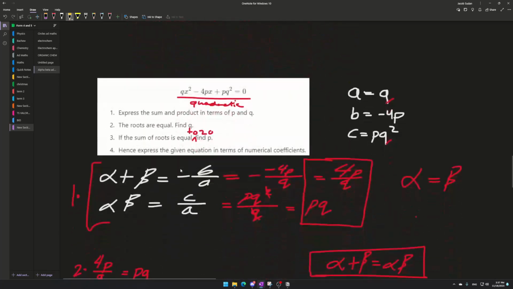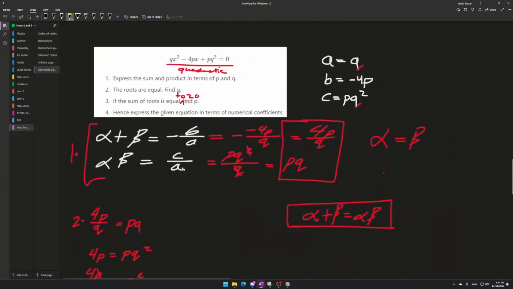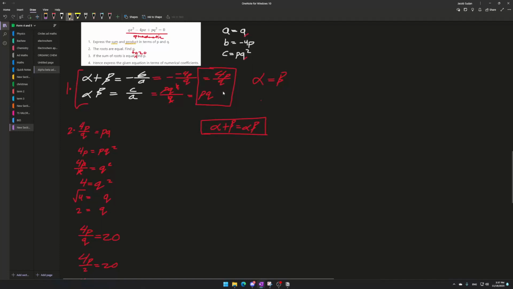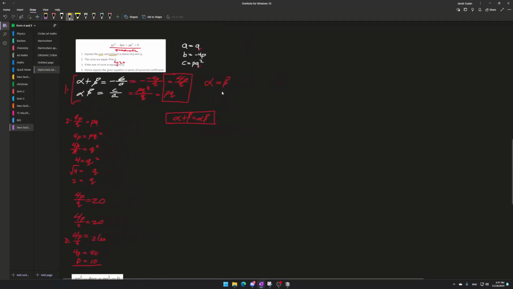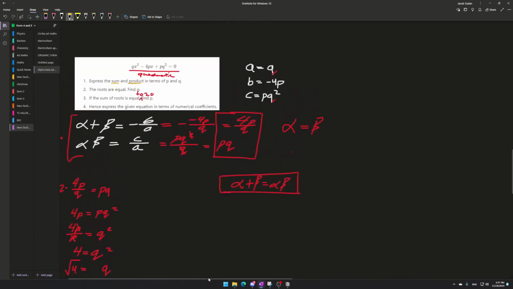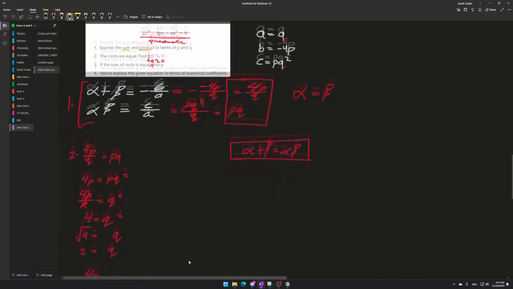Alright? Cool. I'll work out the question here. So if I express the sum and product of roots in terms of P and Q, you just look at the answers right here.